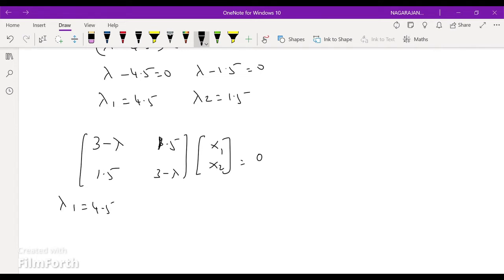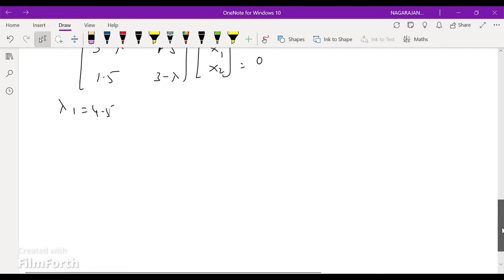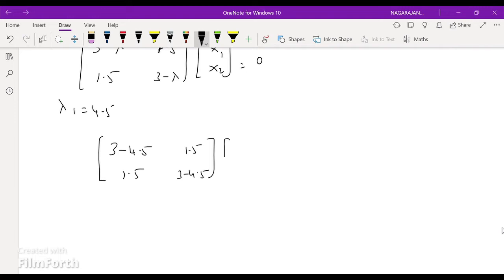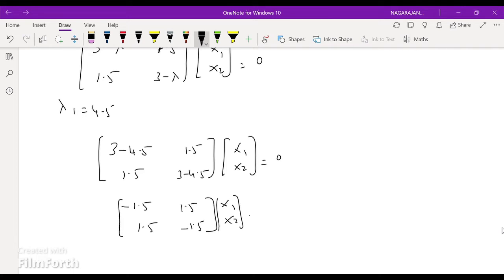So [3 minus 4.5, 1.5; 1.5, 3 minus 4.5] into [x1, x2] equal to 0. So this is [minus 1.5, 1.5; 1.5, minus 1.5] into [x1, x2] equal to 0.